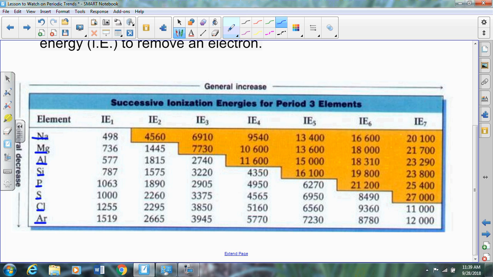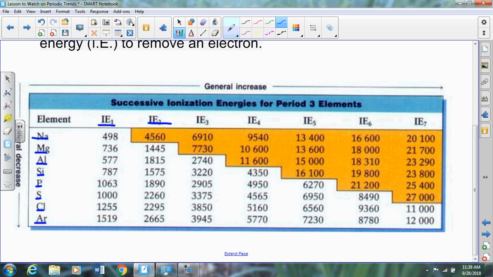There's more to this table also. You'll notice they talk about the first ionization energy compared to the second ionization energy. And what you'll notice here is that the first ionization energy for sodium is very low. The second one is a huge jump. I wonder why. Maybe next class we can try to figure that out. You'll notice with magnesium, the first ionization energy is 736.